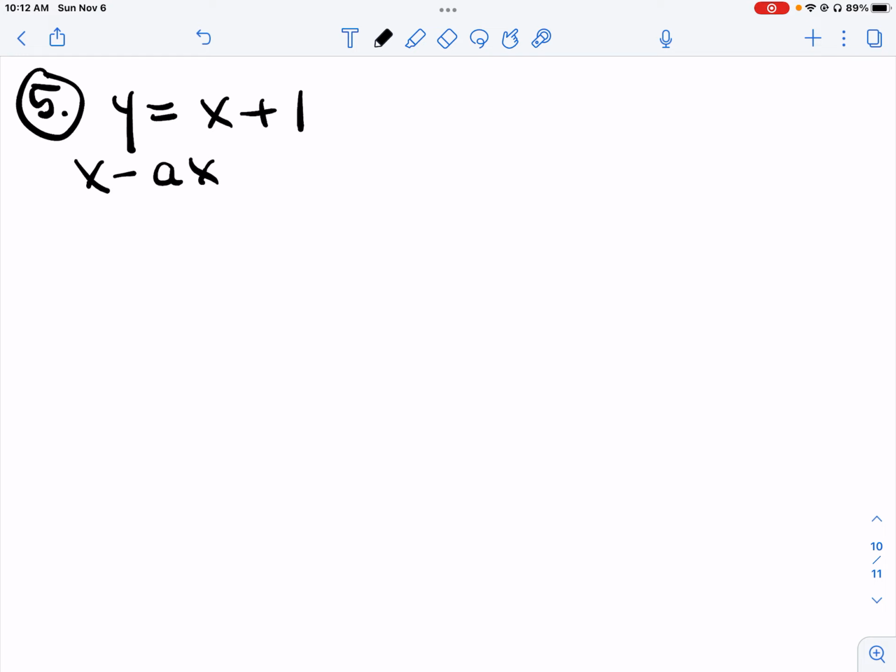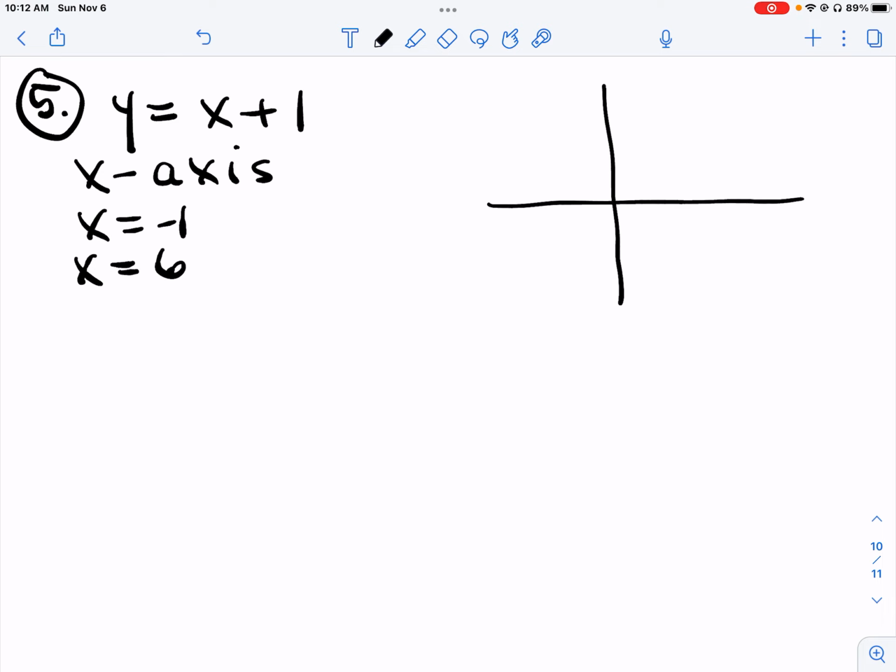Okay, a volume between x equals -1 and x equals 6. Okay, y equals x plus 1 would start at 0, 1 and have a slope of up 1 over 1. Up 1 over 1.